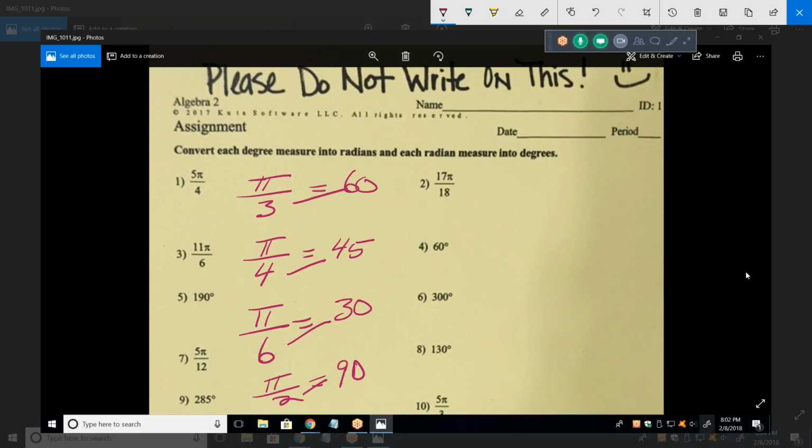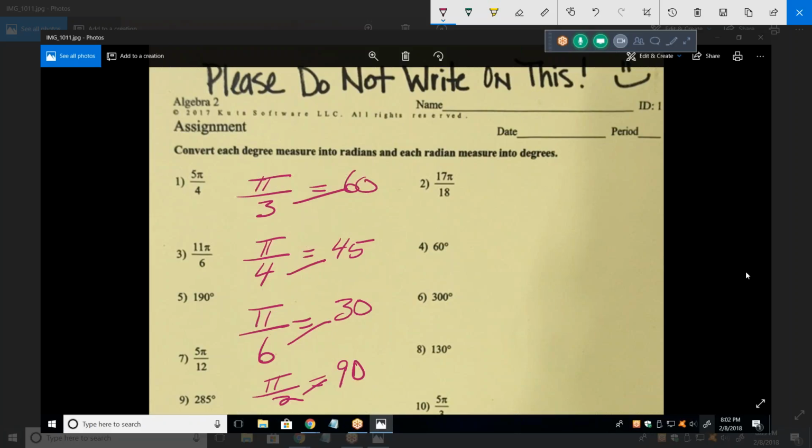You don't want to always have to be applying 180 over pi or pi over 180 to these simple ones. These ones where the only thing in the numerator is pi, not 2 pi or 3 pi, memorize these. It's really easy to memorize them. That denominator times the answer is always 180. Okay, so let's go on.